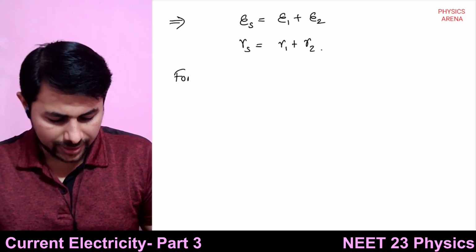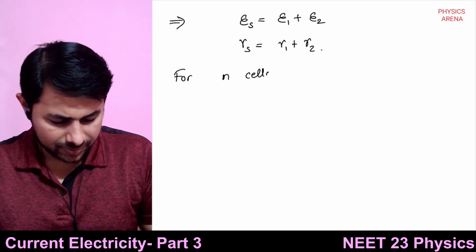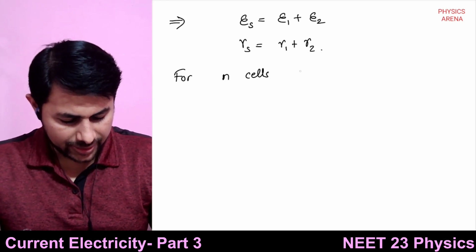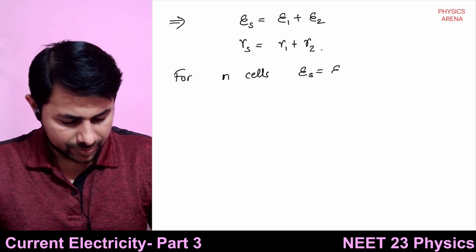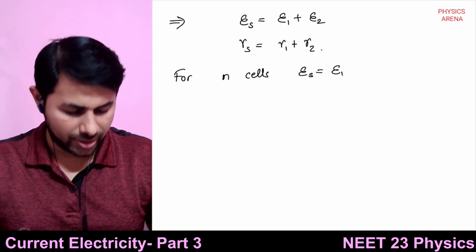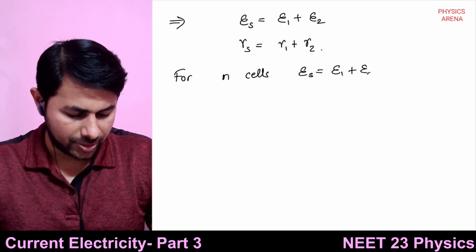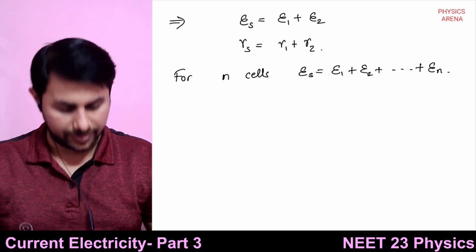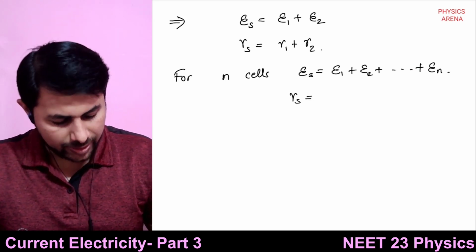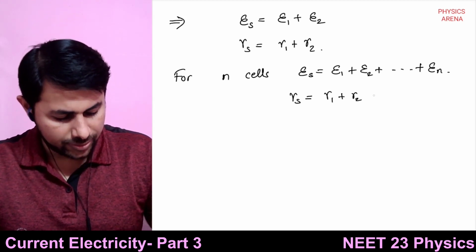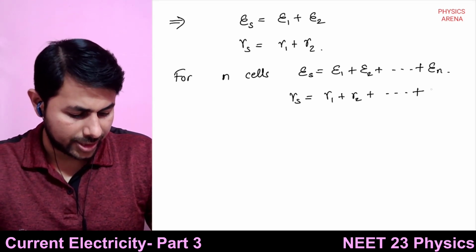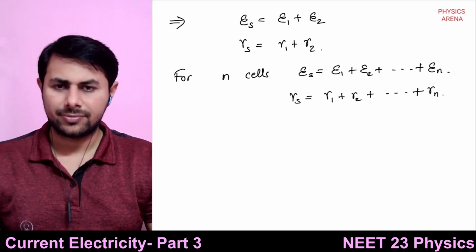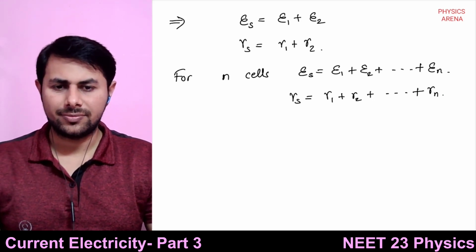So for n cells, epsilon S is equal to epsilon 1 plus epsilon 2 plus so on and so forth up to plus epsilon n, and RS is equal to R1 plus R2 plus so on and so forth up to plus Rn, right? So is it clear?